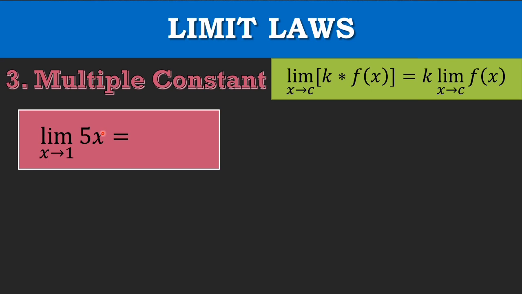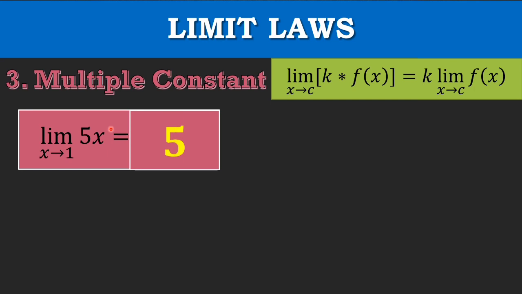So pwede natin siyang hatiin, okay, or pwede natin ilabas yung 5 na to, okay, to make it 5 times limit of your function, which is x na lang yung matitira as x approaches 1. Or kung gagamit tayo ng direct substitution, pwede din lahat ng x magiging 1, and 5 times 1 is 5.